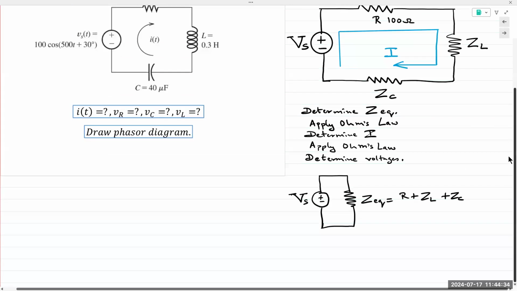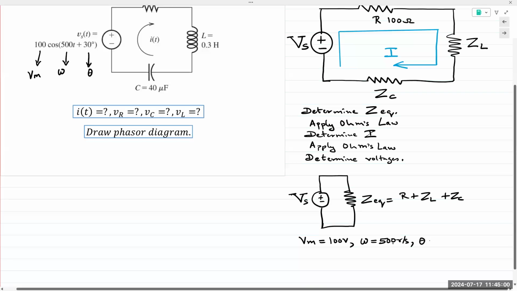We'll do two more things. Vm, omega, and phase angle theta. So I'll write down Vm is 100 volts. Omega is 500 radians per second.